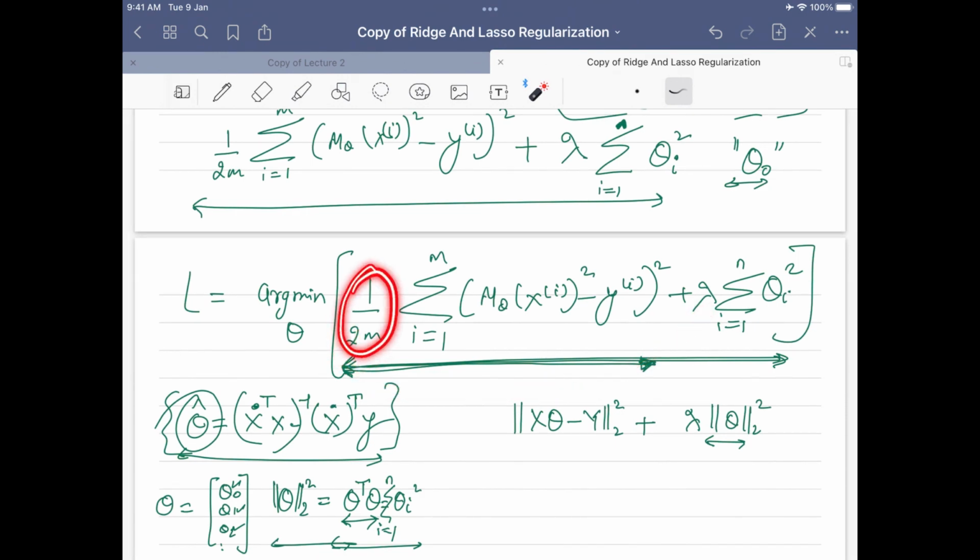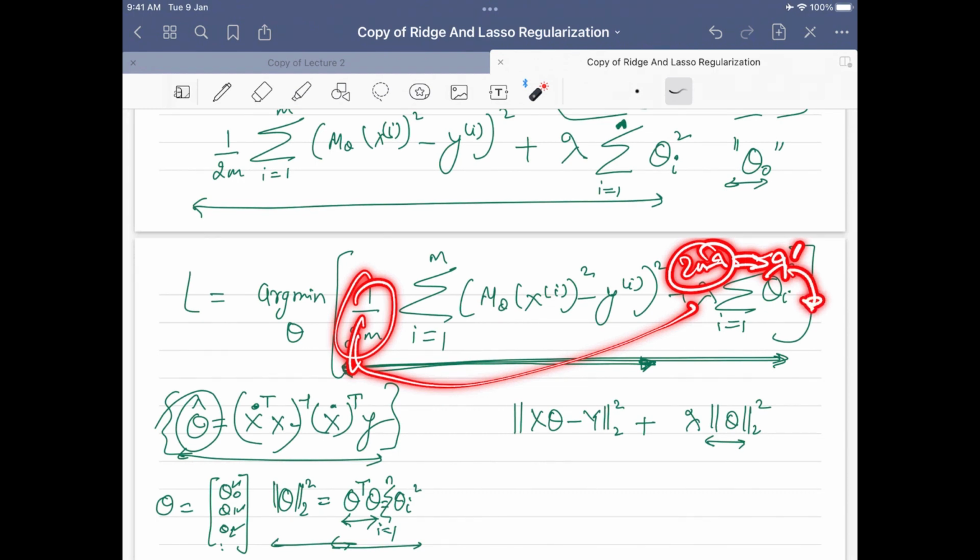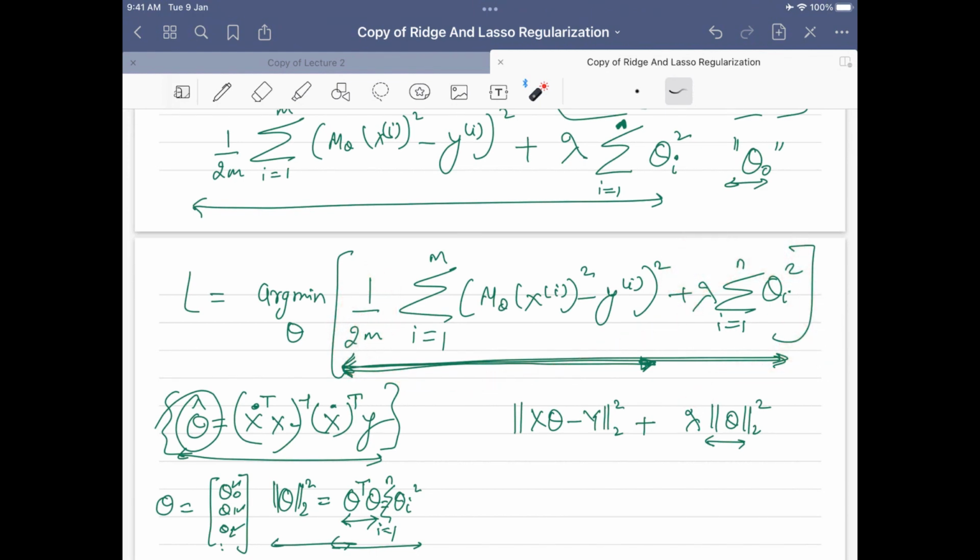We can move these around and do a change of variables to come up with a different variable here. It is just a mathematical way of replacing these variables, so this is lambda here.